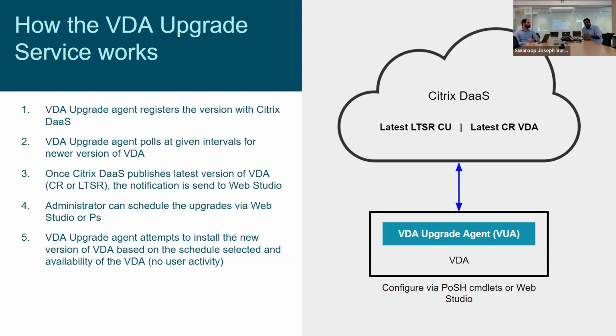So this is how, on a high level, the workflow is happening, and the same workflow can be initiated from Web Studio as well as from PowerShell using the Citrix DaaS PowerShell SDK.